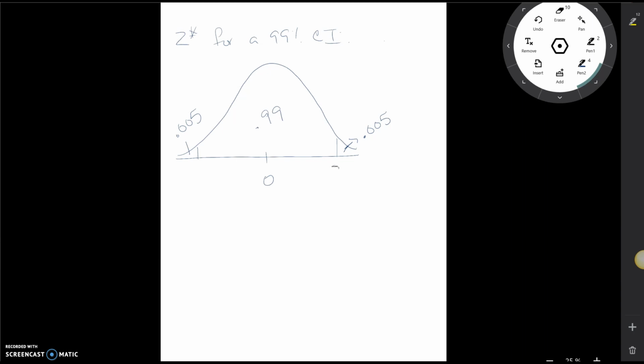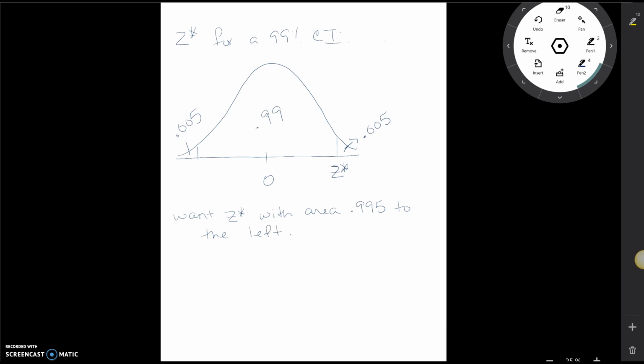And again, my z star value is this endpoint down here. So this tells me that I'm looking for a z star that has 0.995 to the left of it. So we want z star with area 0.995 to the left.